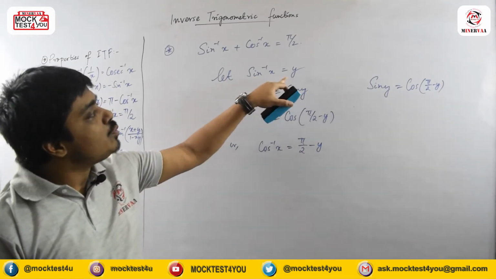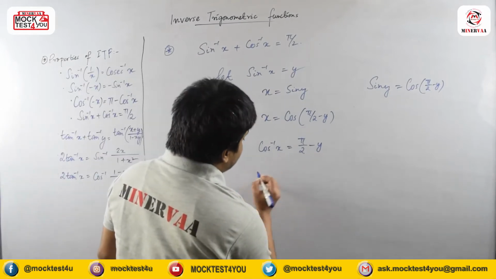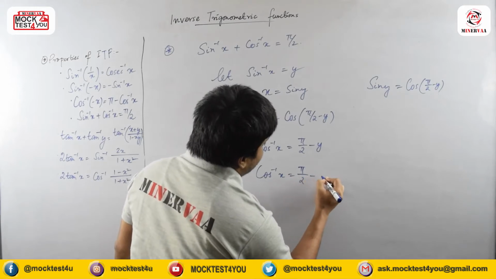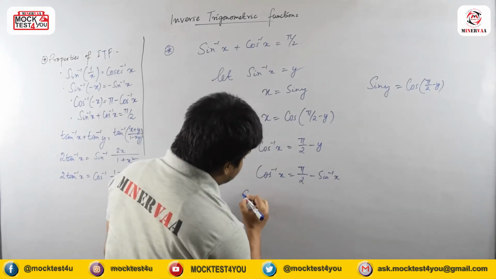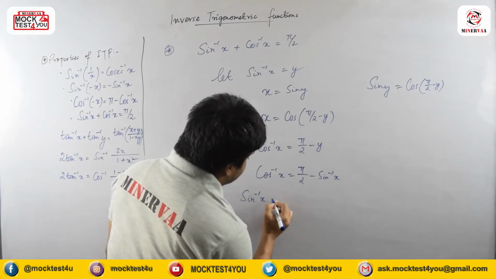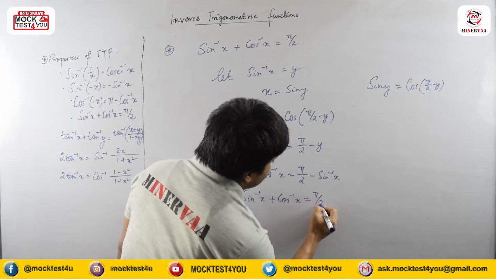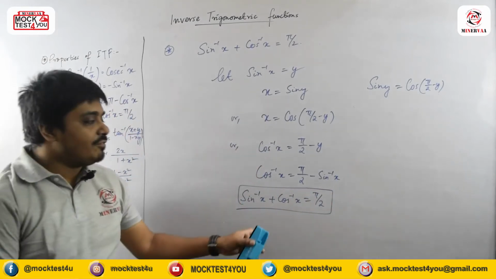We have assumed y as sine inverse x, right? So put there sine inverse x and you see cos inverse x is equal to pi by 2 minus sine inverse x. So sine inverse x goes that side. So I get sine inverse x plus cos inverse x is equal to pi by 2. So this is another property which we have learned.